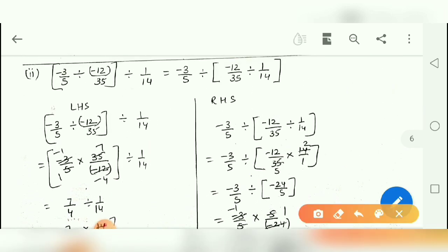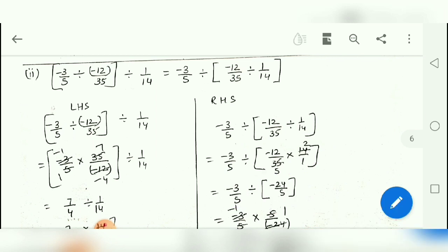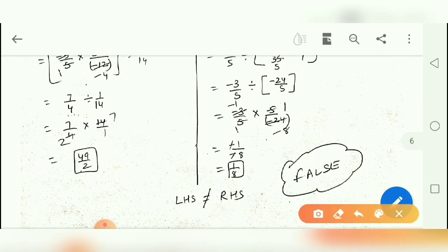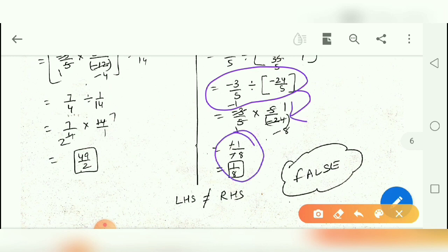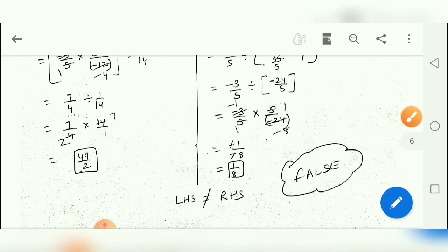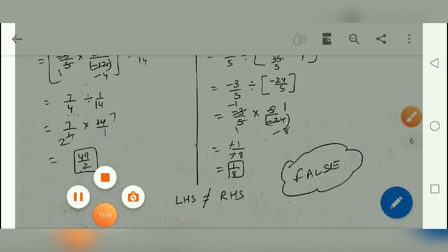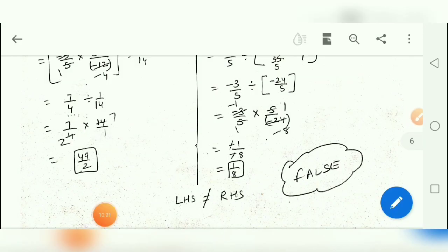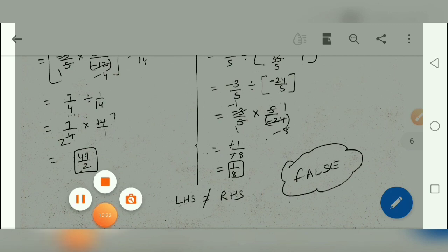On right hand side here we have done the solution of the bracket. After solving this, negative 3 by 5 is divided by negative 24 by 5, and when we solve this in this step we get 1 upon 8 as the answer. Here also left hand side is not equal to right hand side. So the statement is false. In this way, we have completed this exercise also.